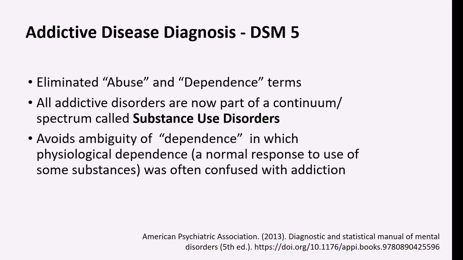It's just dependence, whether it's a beta blocker or a routine medication that has caused a physiologic response, where when I stop it, there's a rebound. So we're avoiding that, and we're talking about the substance use disorder in mild, moderate, and severe.